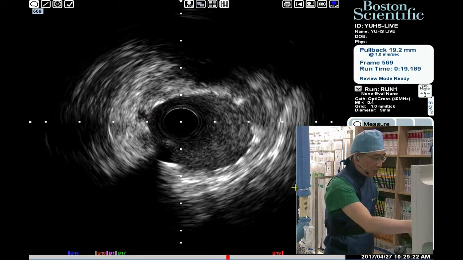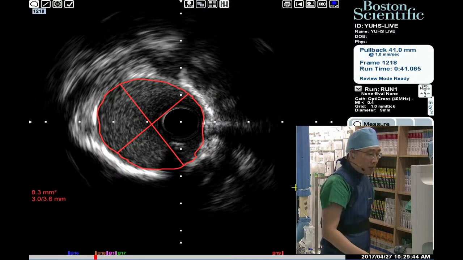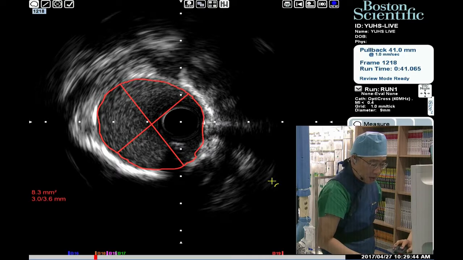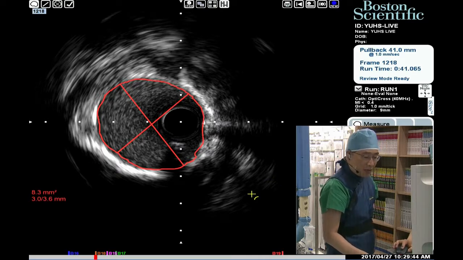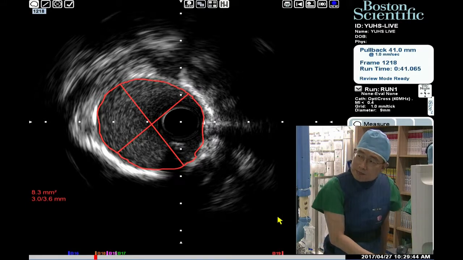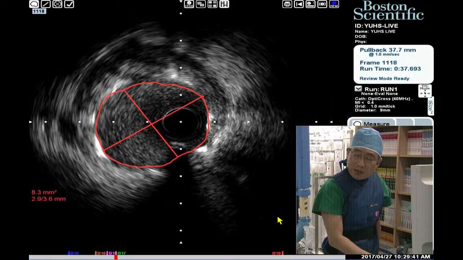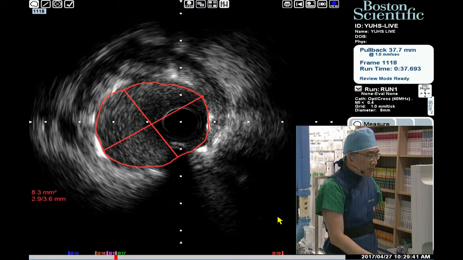So we already measured the proximal LAD at 8.25 and the distal left main around 8.3. As you want, I will do the additional balloon at the proximal LAD.